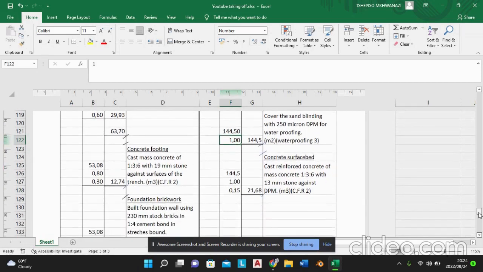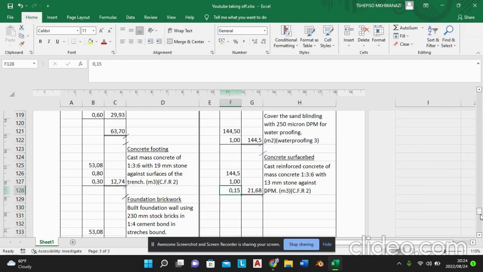And then for the concrete surface bed, now we're doing the concrete surface bed. You're just going to take the area and multiply by 1 and multiply by the thickness. This is to show that this thing is a volume, and then you get the answer here. And then let me just underline this.